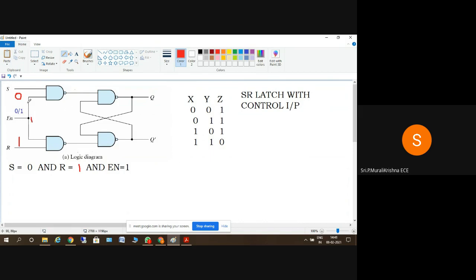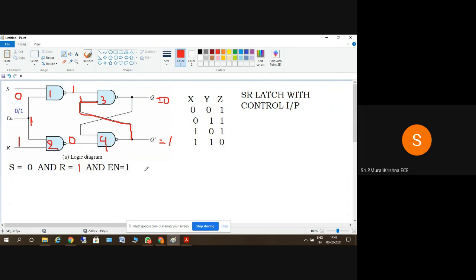Okay, so this is the first NAND gate, second NAND gate, third NAND gate and fourth NAND gate here. Coming to the first NAND gate output, 0 and 1: when one of the inputs of a NAND gate is 0, the output is 1. And here 1 and 1, enable is 1 and the other one is 1, so I'll get an output of 0. So the output of the fourth NAND gate is 1. When this is given to the third NAND gate, I'll get a value of 0.